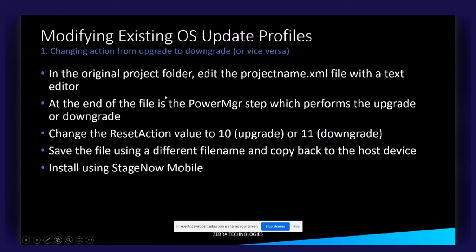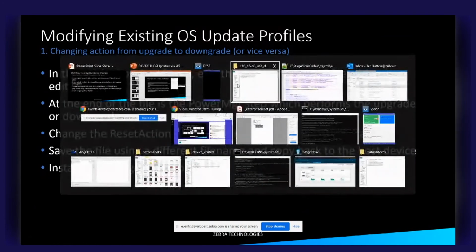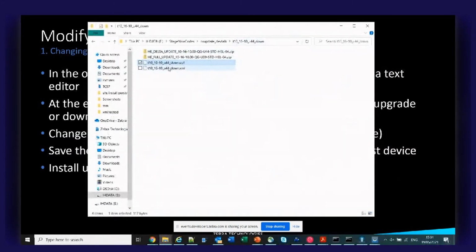So how do you modify an existing profile? What we're talking about here is changing the action from upgrade to downgrade or vice versa. Let's have a look at the code for this one.